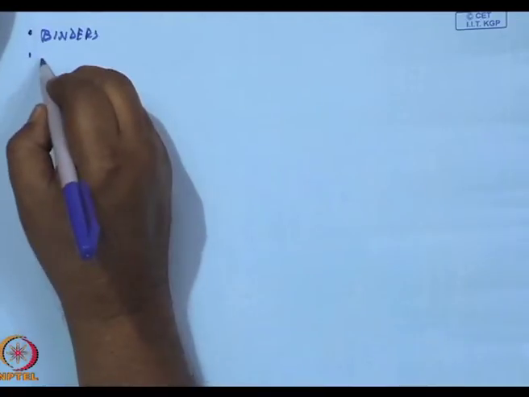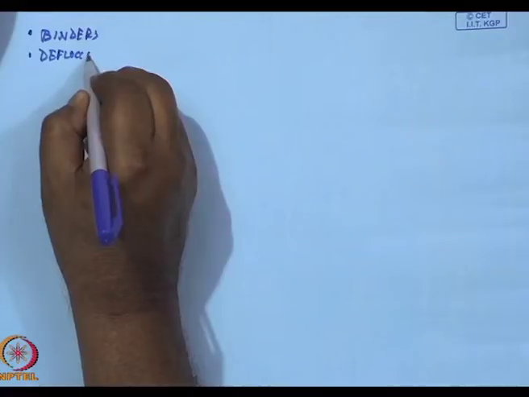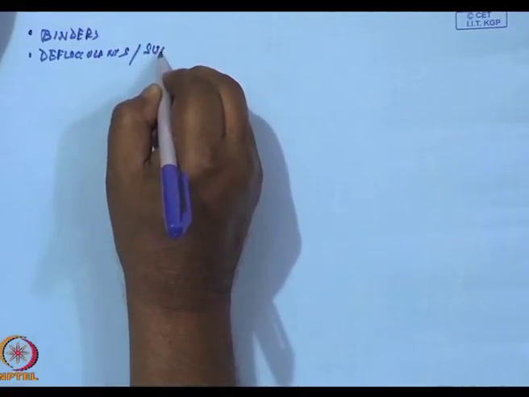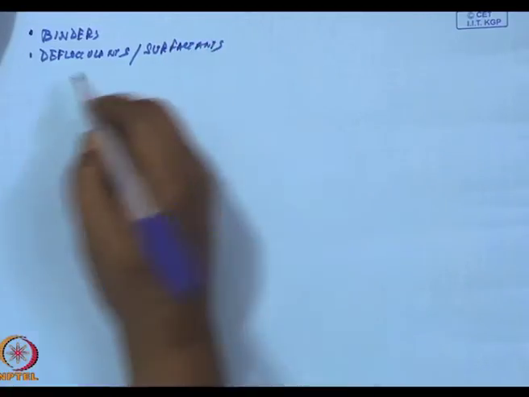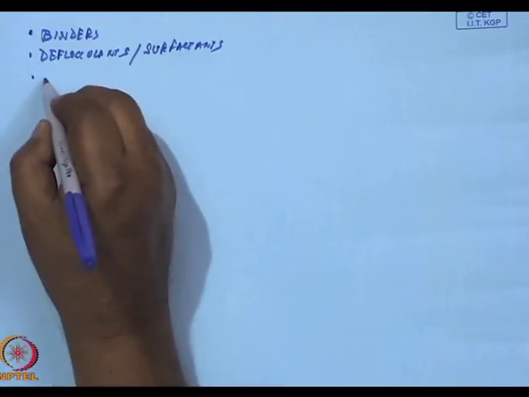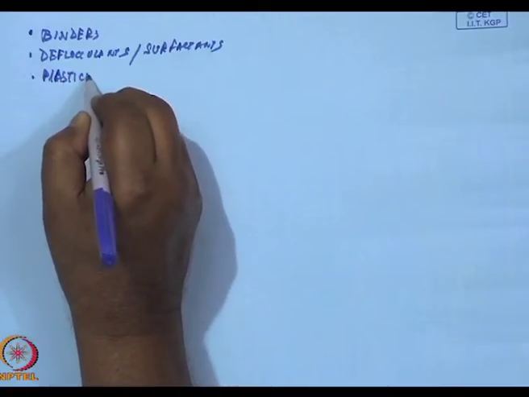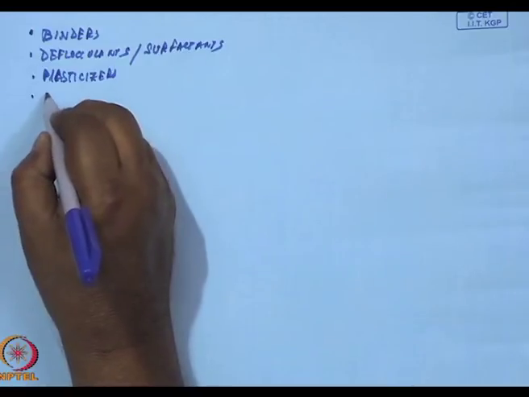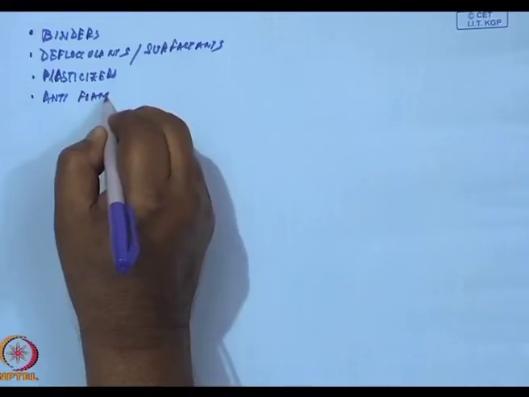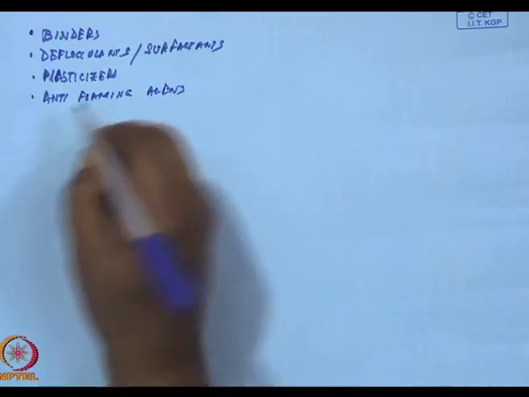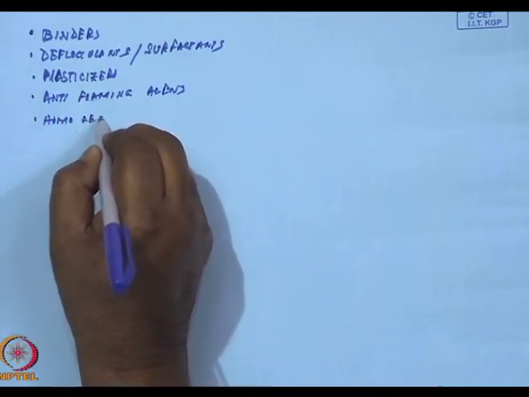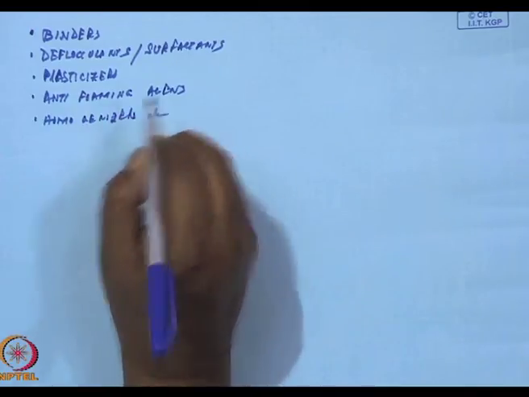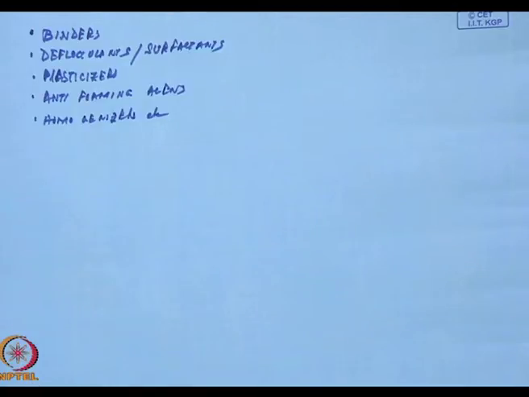So in today's class, to summarize, I have talked of some binders, some deflocculants or surfactants, basically plasticizers, deflocculants, plasticizers, anti-foaming agents, homogenizers, etc. Now, let me say one thing.